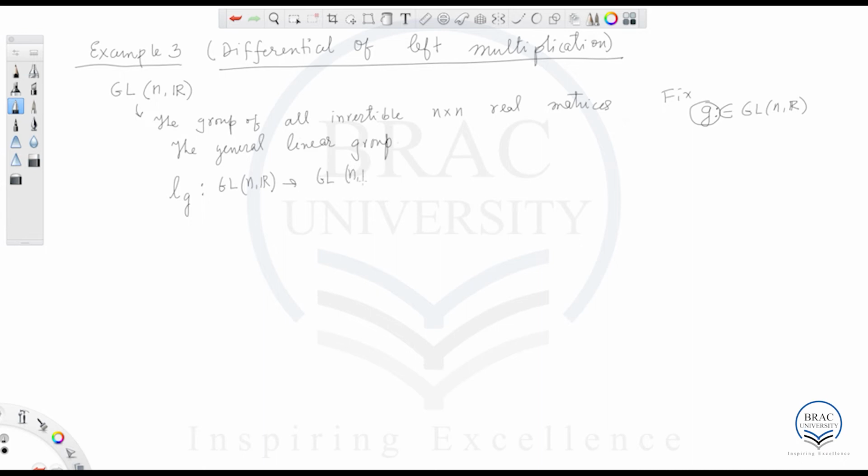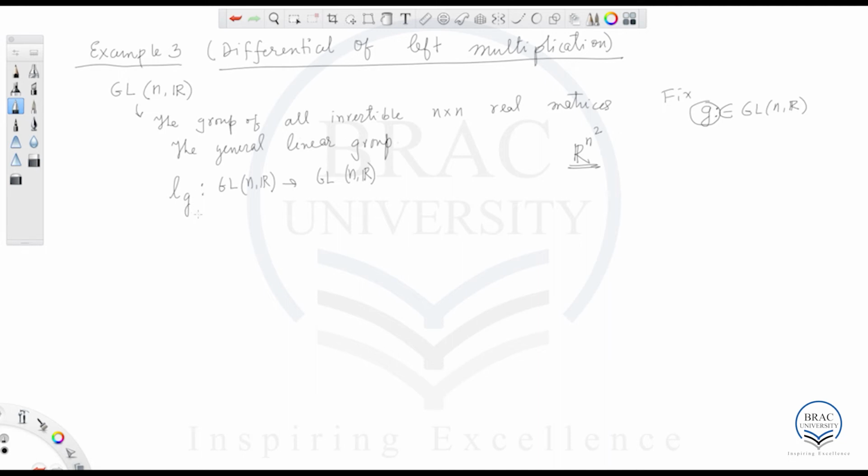By the way, GL(n, R) is an open subset of R to the n square that we have seen earlier while we were giving definitions of a smooth manifold. We have seen that GL(n, R) is an open set of this Euclidean space R to the n square, and hence GL(n, R) is a manifold of dimension n squared. So L sub G is a smooth map from the n square dimensional manifold GL(n, R) to itself.